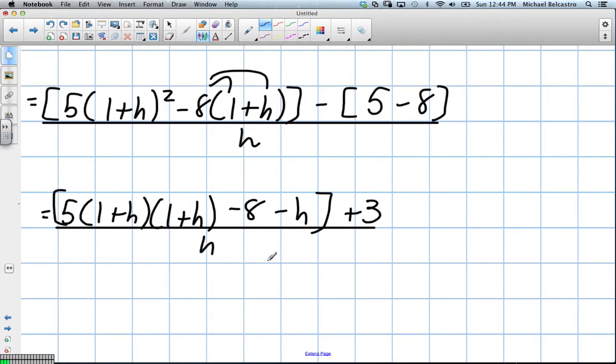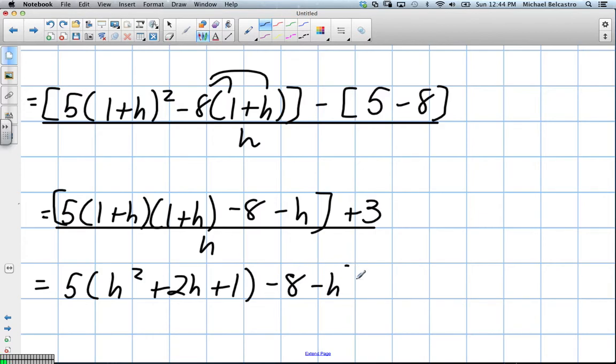When we distribute this here, we're going to get 5 times h squared plus 2h plus 1. You can kind of just take my word for that. Minus, this is going to be minus 8 minus h, and we'll add 3 at the end.